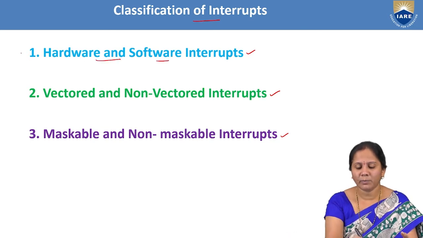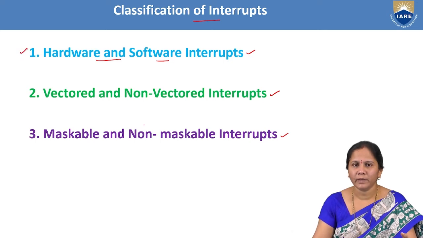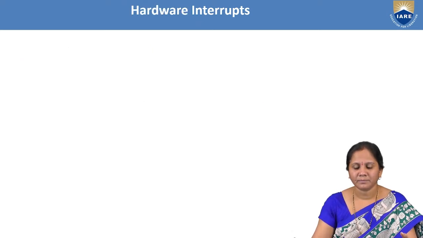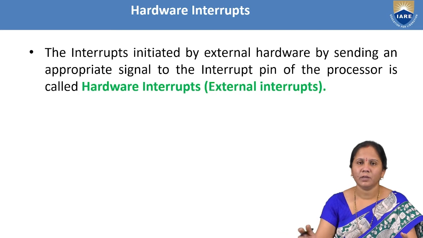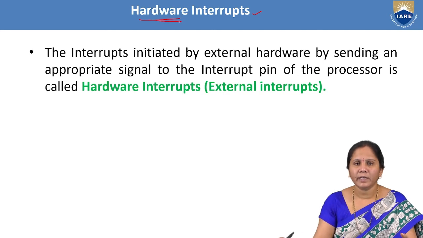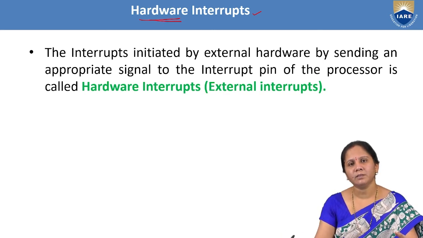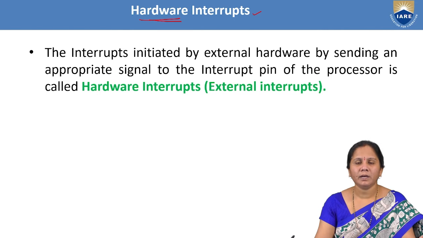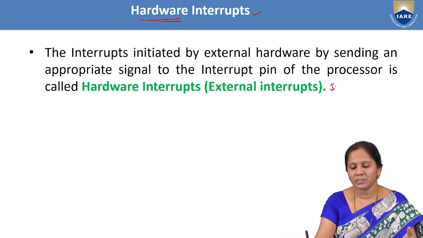The first one is about hardware and software interrupts. Coming to hardware interrupts, the name itself says hardware interrupts. Hardware interrupts are nothing but the interrupts that come through 2 pins of the 8086 microprocessor. There are 2 pins, INTR and NMI.